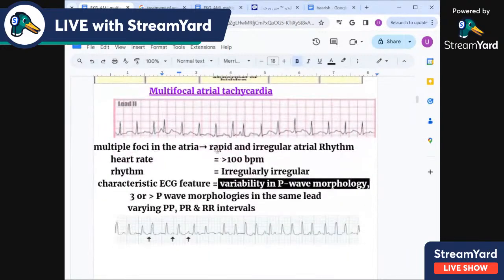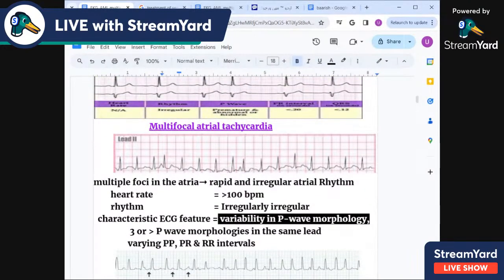And then next is multifocal atrial tachycardia, where there are multiple foci in the atria. There is a rapid and irregular rhythm, irregularly irregular, and there are multiple foci, so the P waves that appear have different types of rhythm, very irregular.